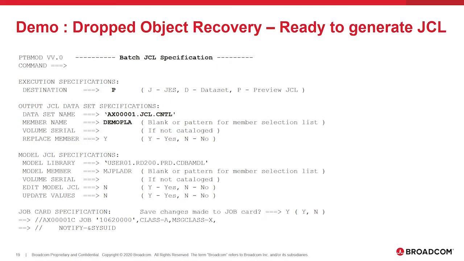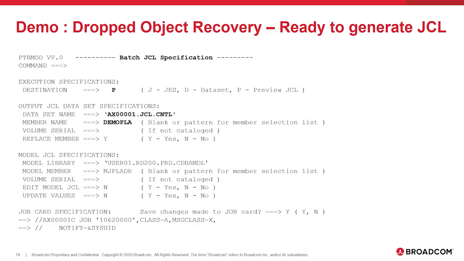Now we are ready to generate the JCL. If we want a preview of the JCL, we type P. This option displays the job's complete JCL in an edit session. If you put D, you place the job in a dataset listed in the output dataset specification section of the screen, just below.